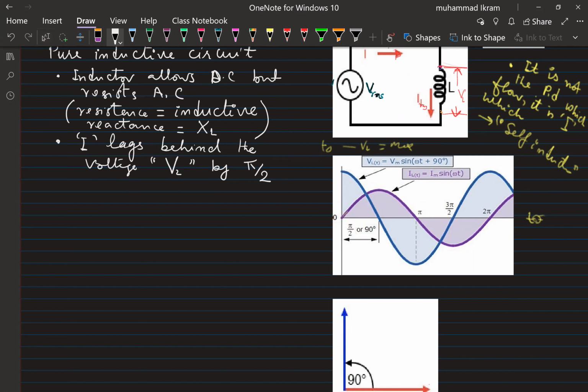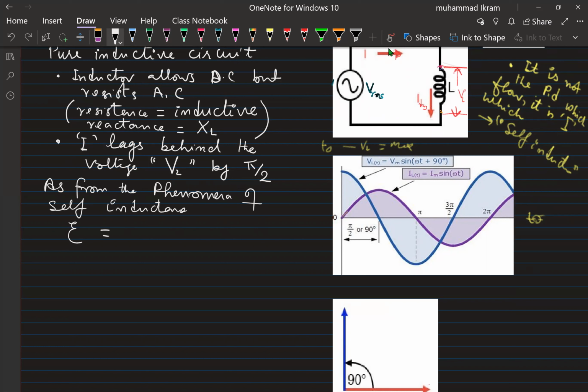The induced EMF across the inductor is from the phenomenon of self-inductance. In our case it is the VL.